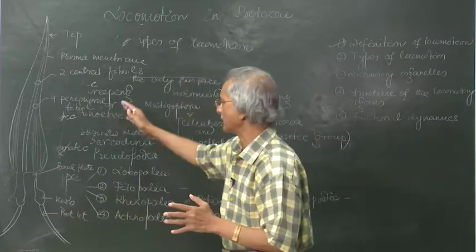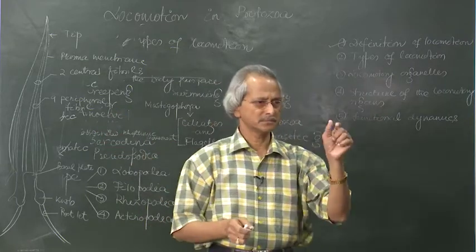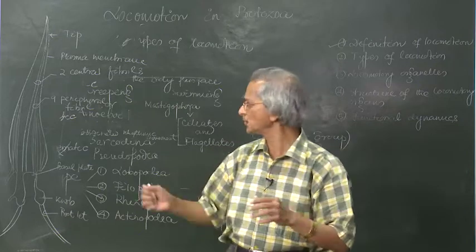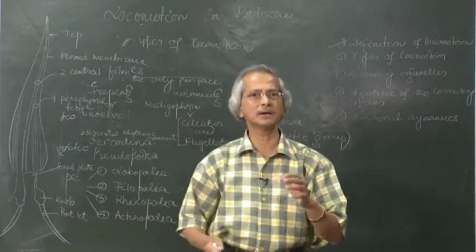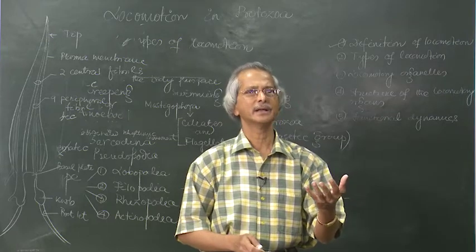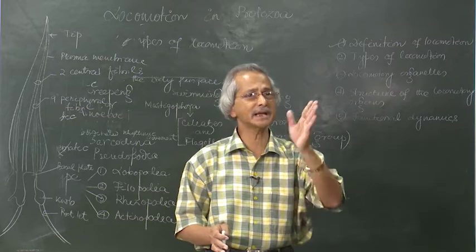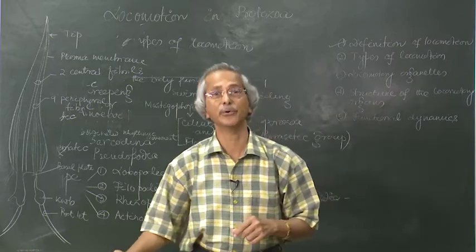These flagella and cilia contain some fibrillar structure. They are also known as microtubules or microtubular structures, and furthermore they contain some thread like structures known as myonemes.